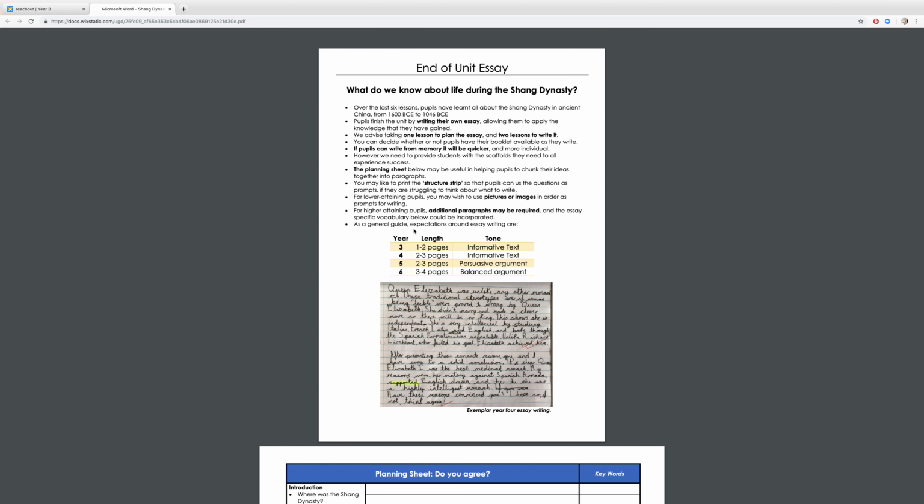For really low retaining pupils, we've sometimes found that jotting some pictures or some images can help as a prompt for writing. So, for example, if you were writing a section about Henry II and Thomas Becket, then you might draw a picture of 4 swords to show the 4 knights that murdered Thomas Becket.